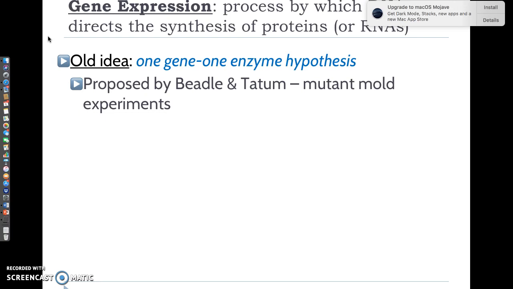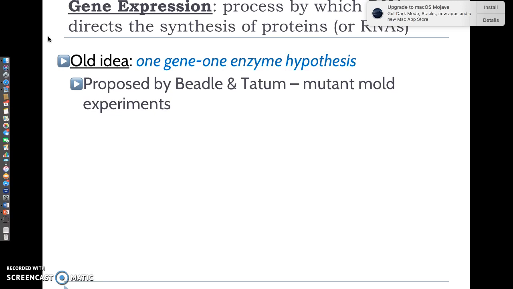Now, the reason that they chose to use mold as opposed to fruit flies, for example, is that mold is haploid. So there's only one set of chromosomes. So they could easily change one allele and see the outcome or change or mutant in the offspring directly.